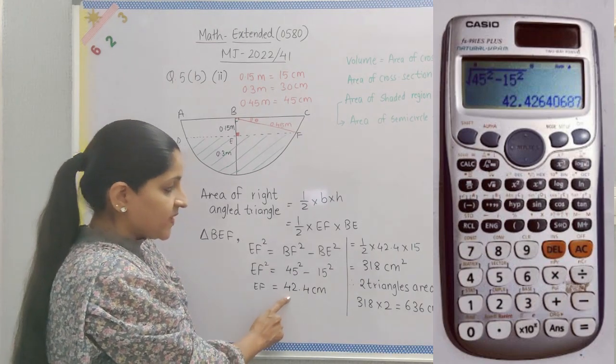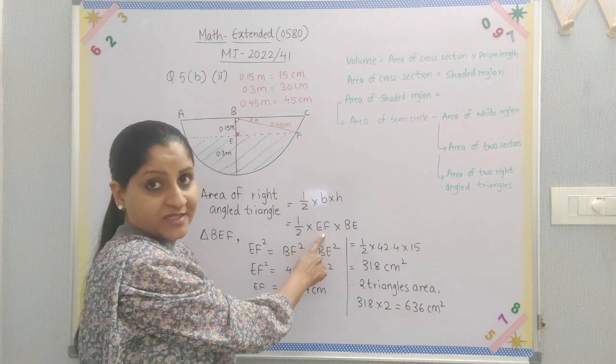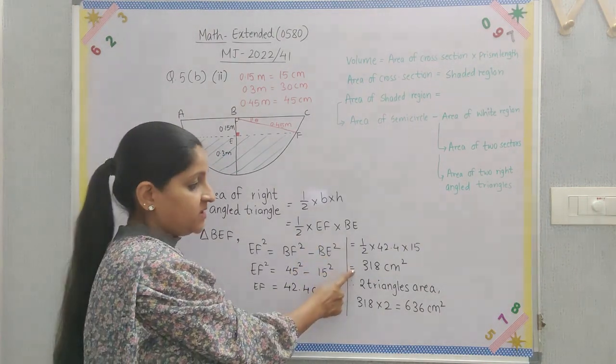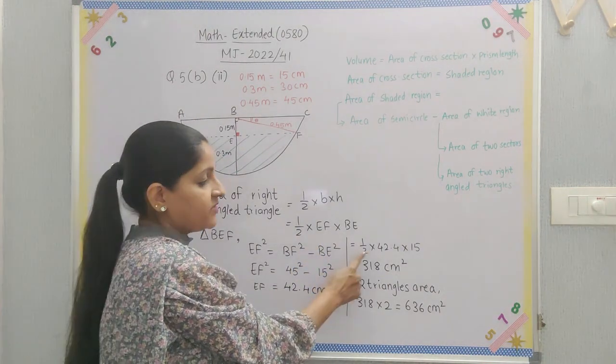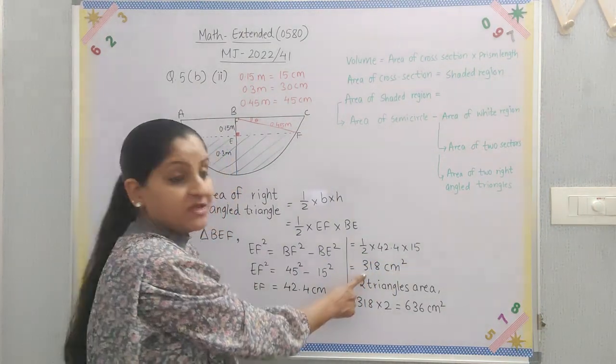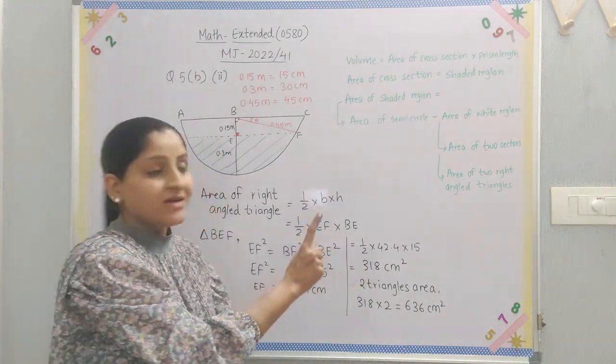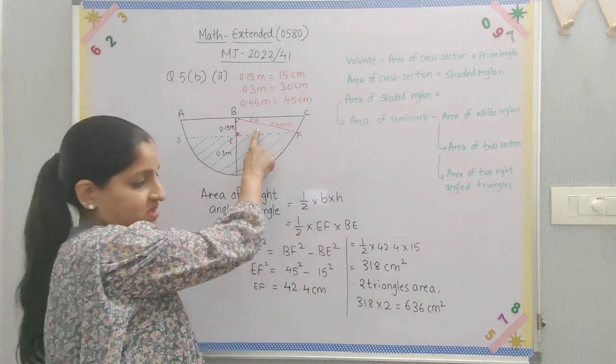I'm going to use this value of EF in the formula of area of right angle triangle. So half into 42.4 multiplied by 15 gives us the answer 318 centimeters square, which is area of one right angle triangle, which I have marked here.